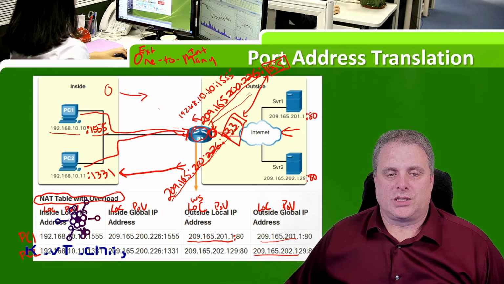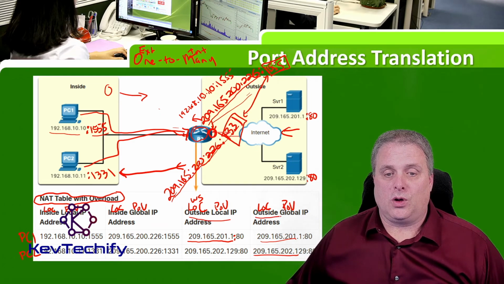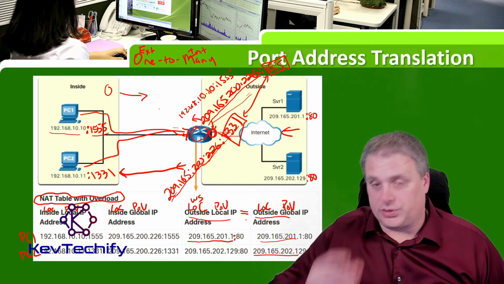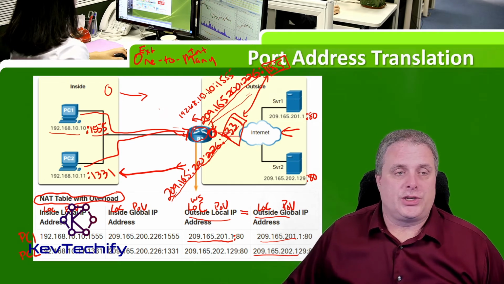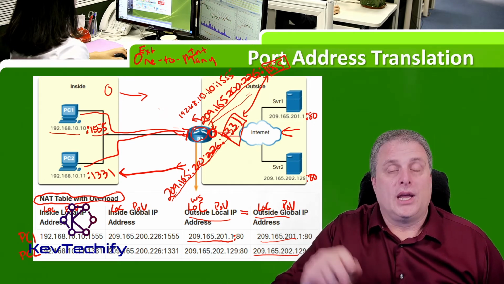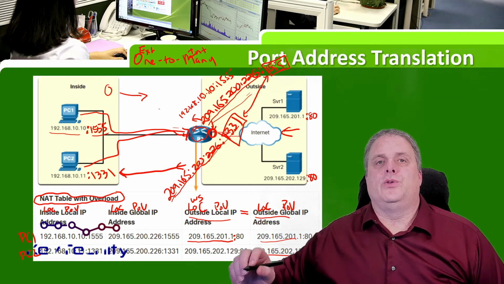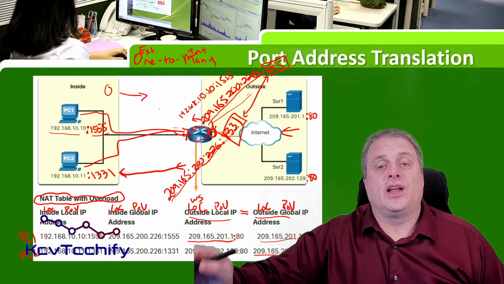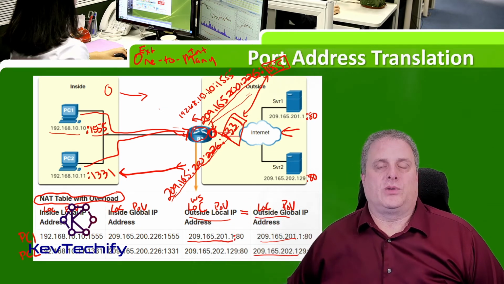And once again, the outside local and outside global, these two typically are equal to each other because the address you would use on the inside of your network is the same address somebody would use outside of your network on the internet to reach those web servers.